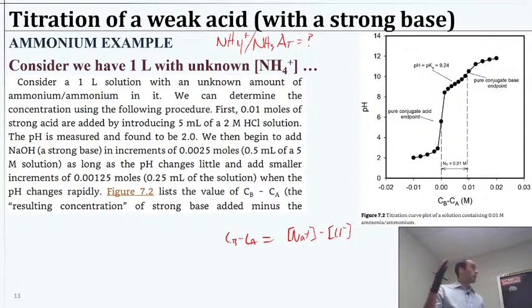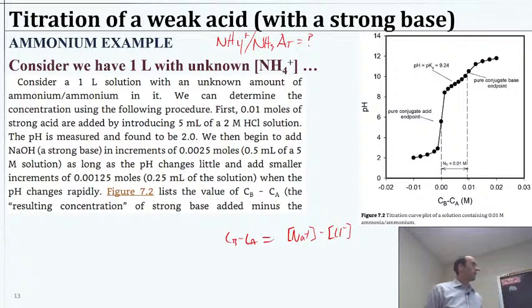We add that amount as long as the pH changes only a little bit. And once it starts changing faster, we add smaller increments. So we drop it to 0.25 mL drops when it starts changing fast. We slow it down so that we can get as much information as possible in that spot, because it's so sensitive to the pH.